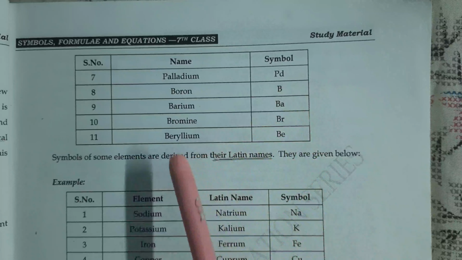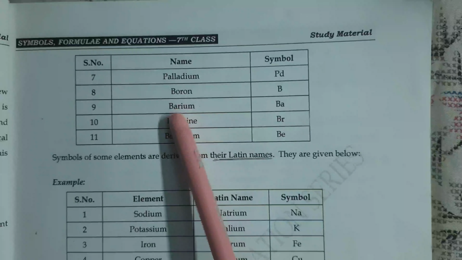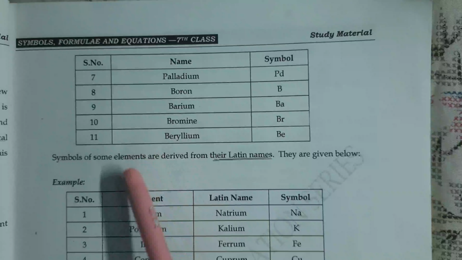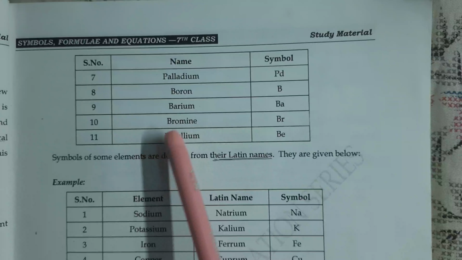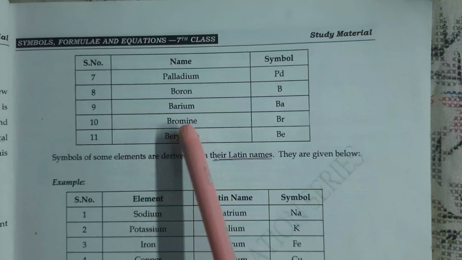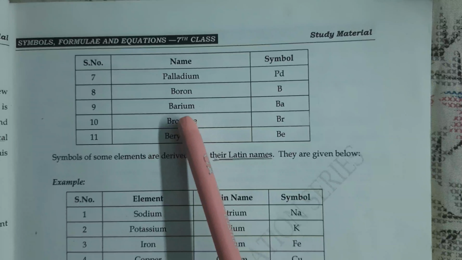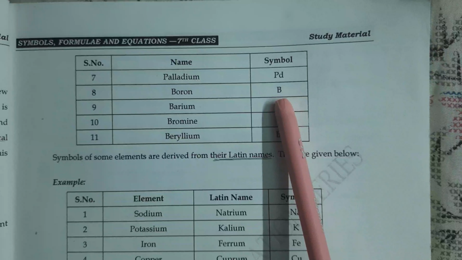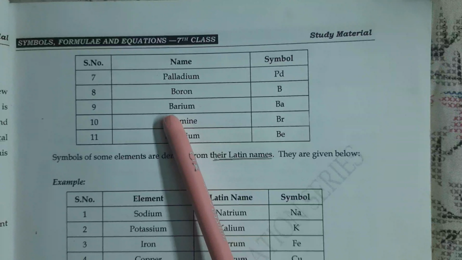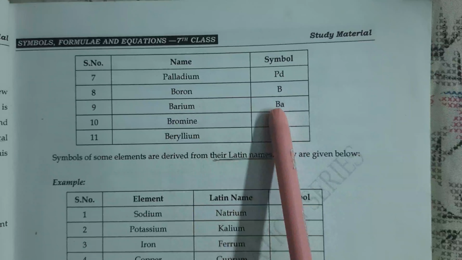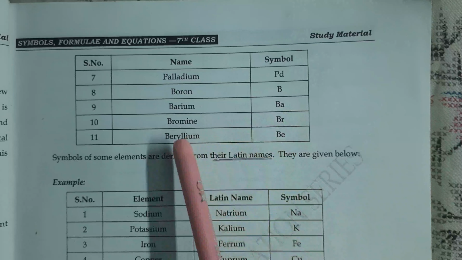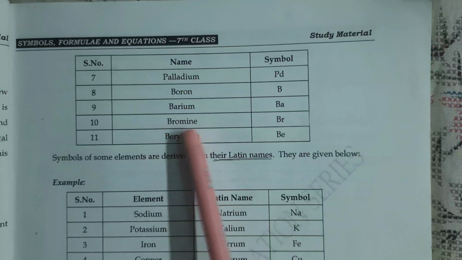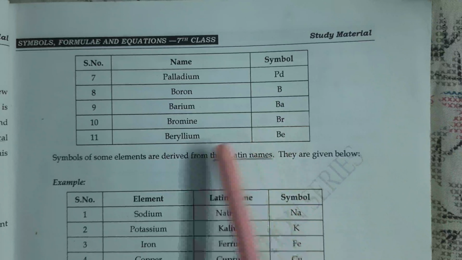Now with starting letter B: boron, barium, bromine, beryllium. All these start with B only. But boron is B, capital letter. Barium takes the second letter, Ba. Bromine, Br, the second letter, of course.